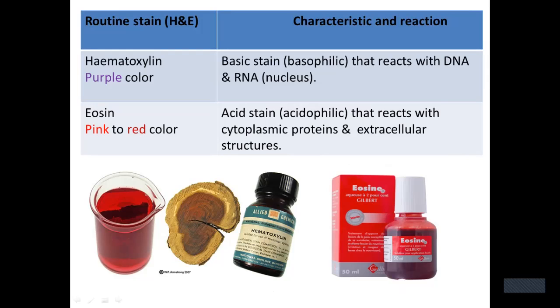Characteristics and reaction of hematoxylin and eosin. Hematoxylin is classified as a basic dye or basic stain, while eosin is classified as an acid stain. Which organelles in the body are stained with hematoxylin, and which with eosin?